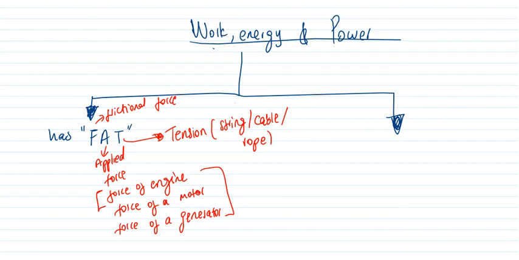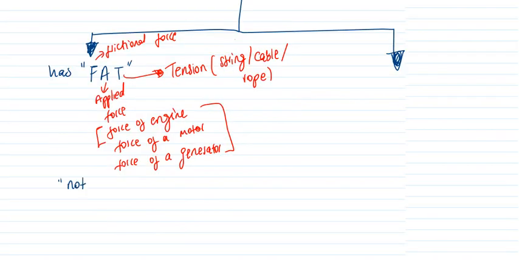Any system that has those is not going to be an isolated system. What is the opposite of an isolated system? There's no opposite, but just know it's not an isolated system.